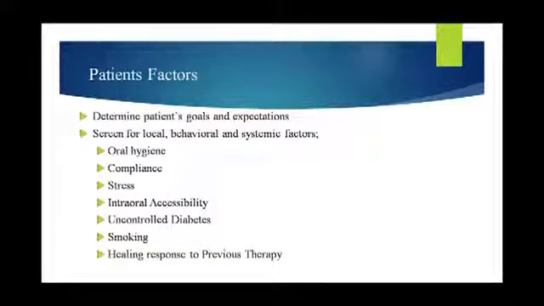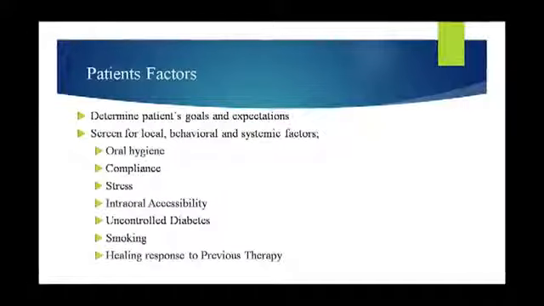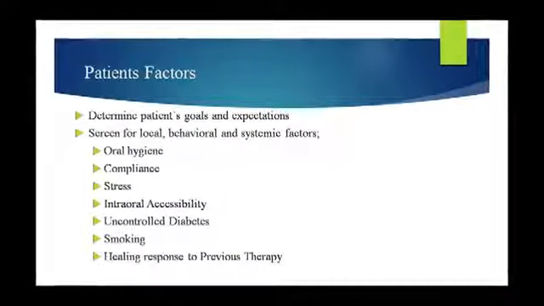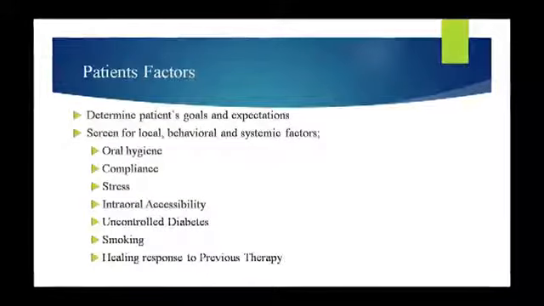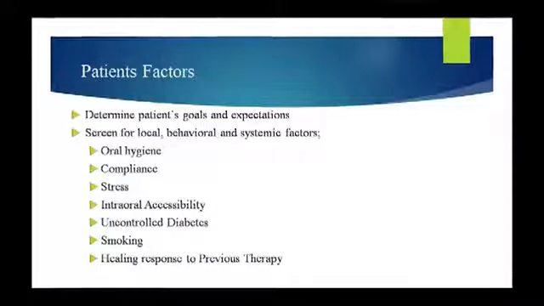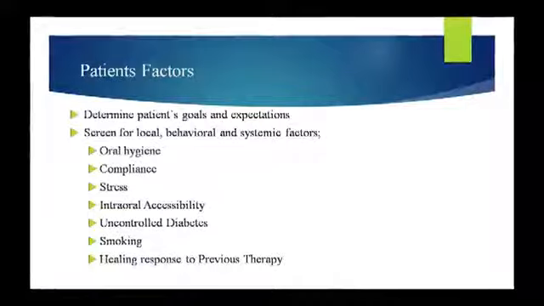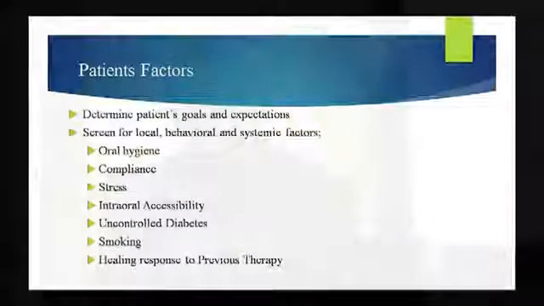Then uncontrolled systemic health, especially diabetes. The American Dental Association has put periodontitis as the sixth complication of DM. And a lot of research, part of which I was involved in, has shown that periodontal disease and DM is a double-edged sword.